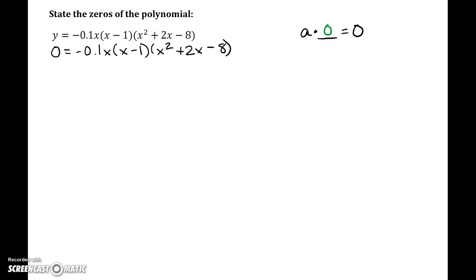The only way to multiply and get 0 is if one of the factors is 0. So we're going to take the equation that we're given, 0 equals negative 0.1x times x minus 1 times x squared plus 2x minus 8, and we're going to find the zeros.